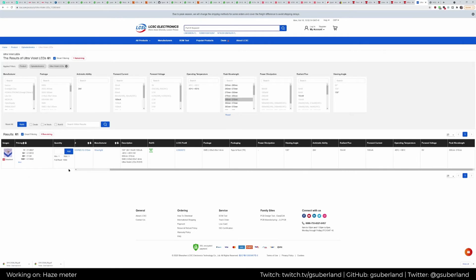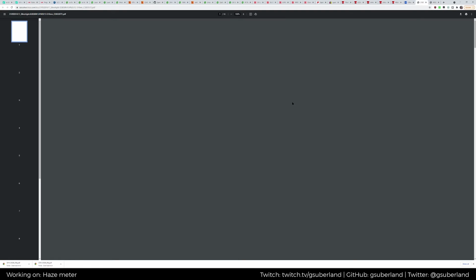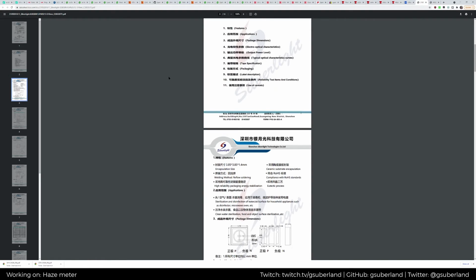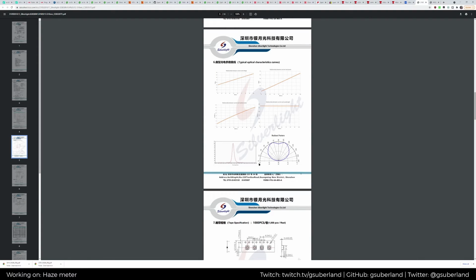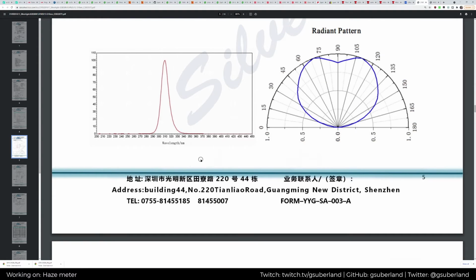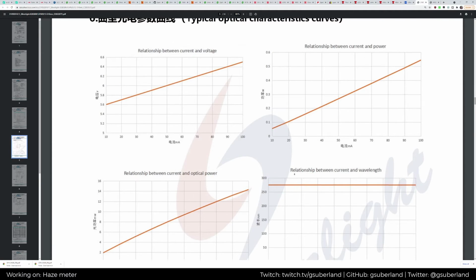What's this 305? Okay, this is £1.96 for one. And this looks a bit more promising. Okay, it's not perfect, but about 5% of the light is towards this 330 peak, which might be okay.